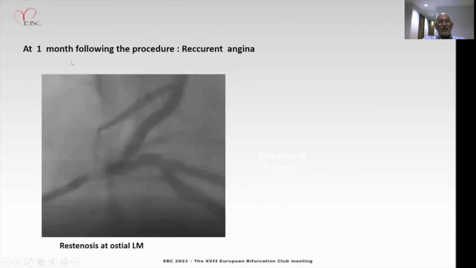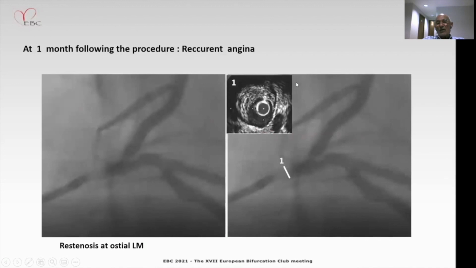But we have another surprise now. At nearly 1 month, the patient came back for recurrent angina, and angiography now showed tight stenosis on ostial left main. IVUS was taken and showed that there was no stent on ostial left main.